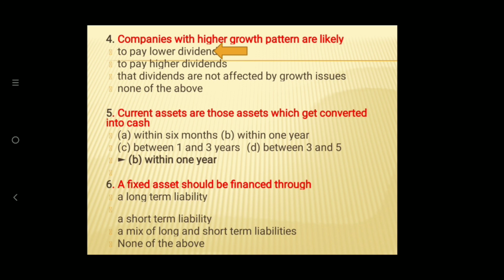Option B, within 1 year. A fixed asset should be financed through option A, long-term liability, short-term liability, mix of long and short-term liabilities, none of the above. So fixed assets, long-term liability, option A the right answer.